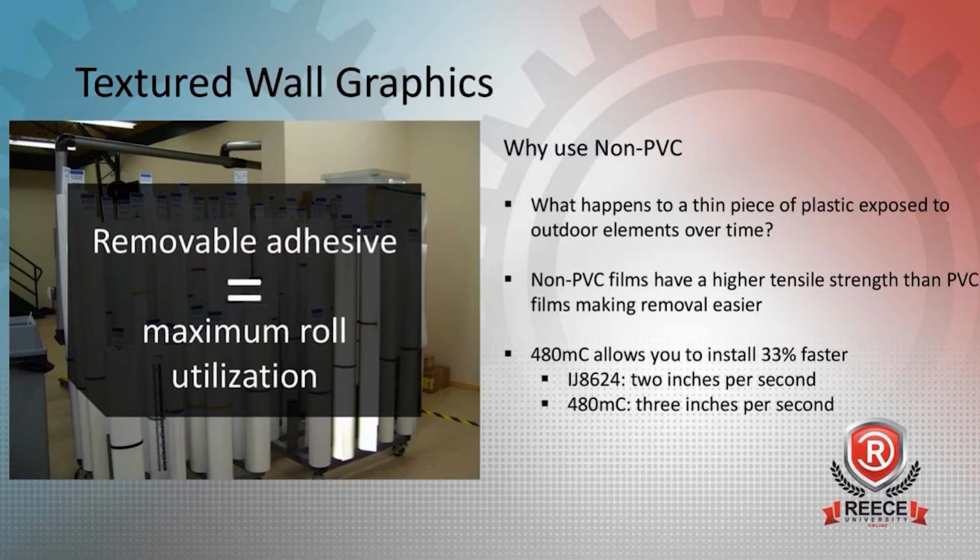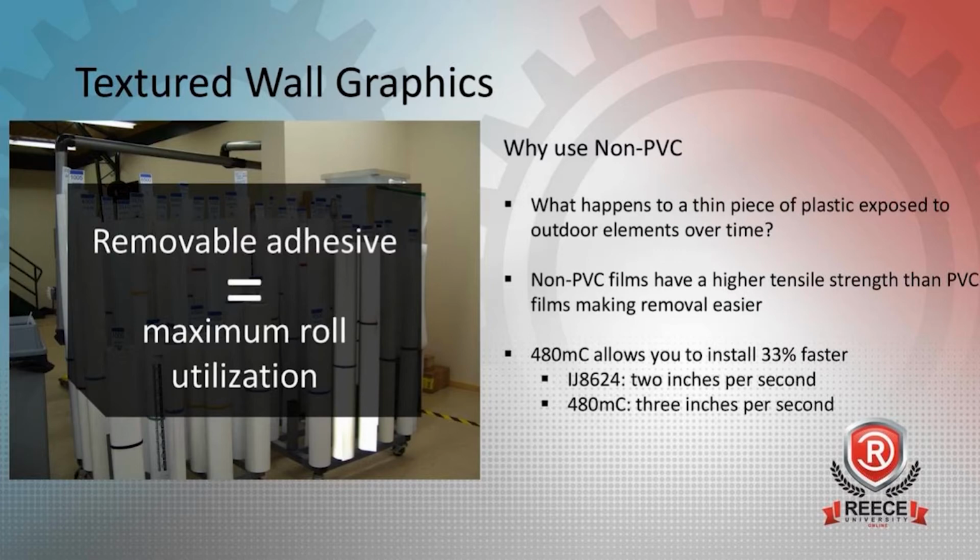Those are two different solutions that accomplish some similar things, but the 480MC actually installs faster. It installs at 3 inches per second, where the IJ8624 installs at 2 inches per second. That doesn't really sound like a big difference, but when you're doing a huge wall graphic, that makes a really big difference. And it's also going to remove a lot more easily, like I said.